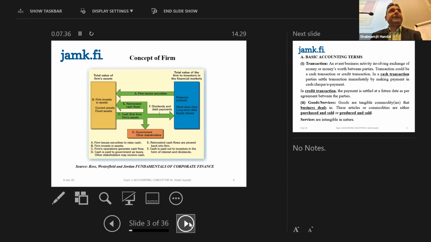Is it that security means you feel secure? Is that what I mean? The firm, to get money, to get financing, issues securities. What is that security? What do you think that security will be?